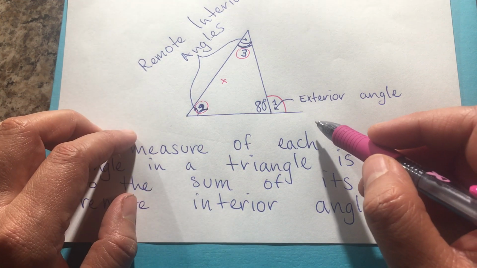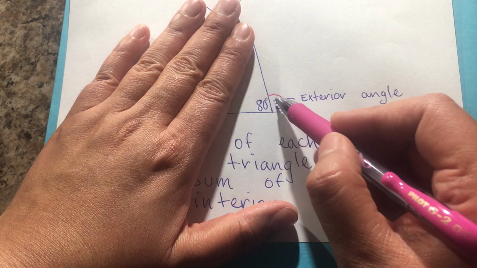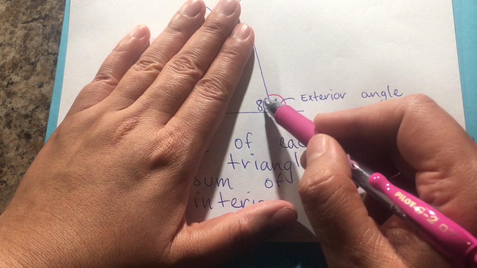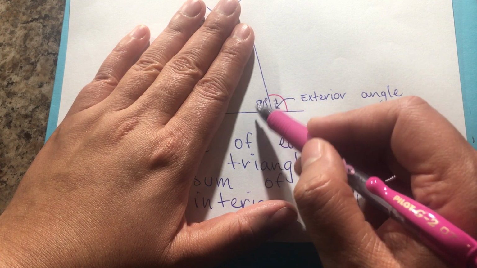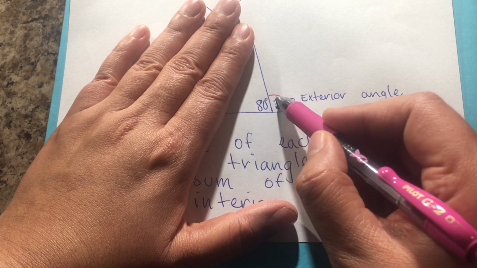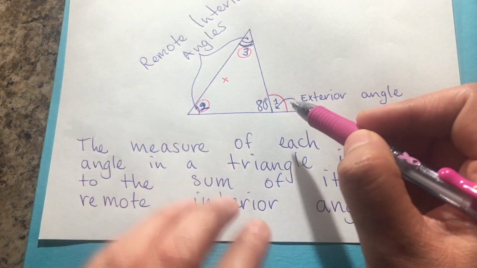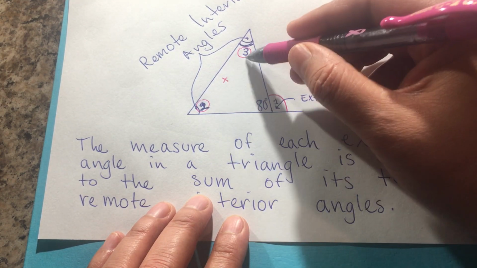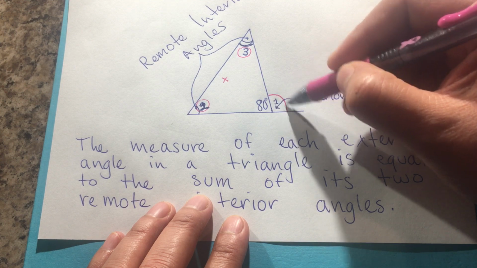We also learned in previous lessons that the adjacent supplementary angles add to 180 degrees. So if this is 80, this part is going to be 100. Again, this is 80, so together added 100, and this is also 100.